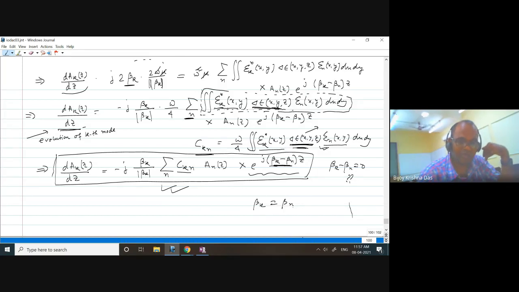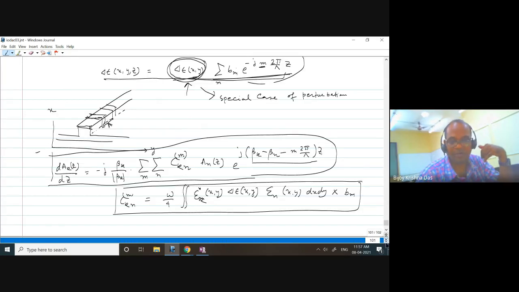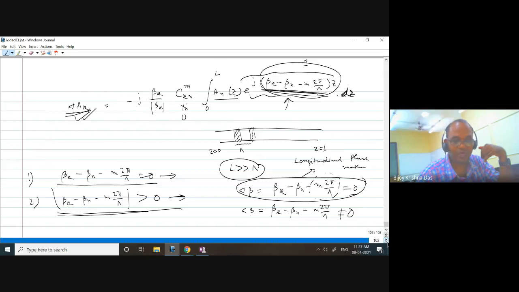And if it is not there, then no coupling will be there for the same region. So one important part is that you should have this phase matching condition. So this should be equal to 0. Then it is called the phase matching condition. Whatever perturbation you do, that perturbation should help to phase match between two modes.